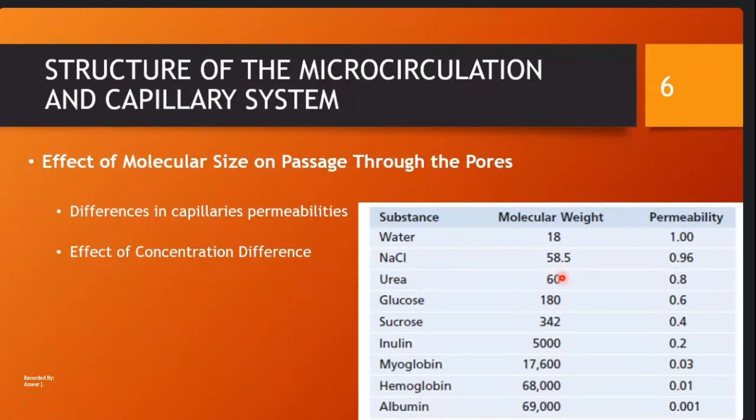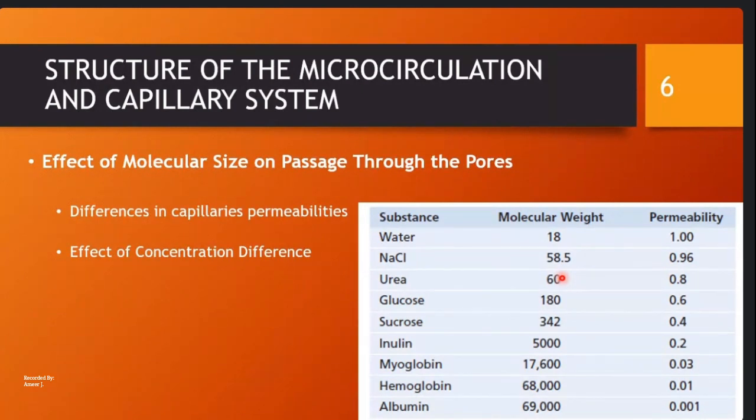If we set the water permeability to 1, you see that salt, sodium chloride, which has a molecular weight of about 60, has the same permeability as water. But when we come to glucose, which has a molecular weight about 10 times that of water, the permeability reduces to about half.